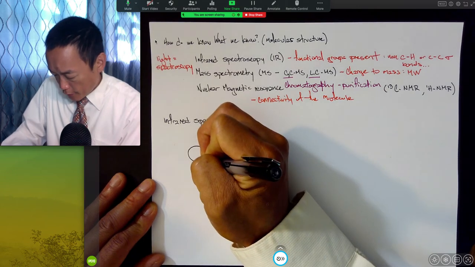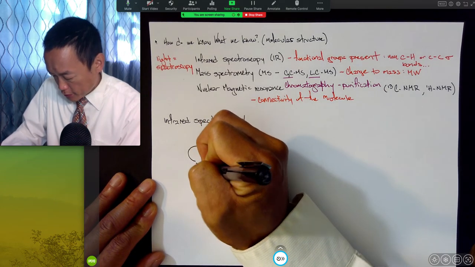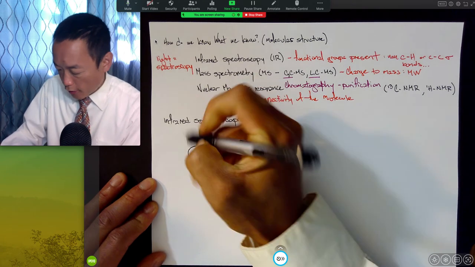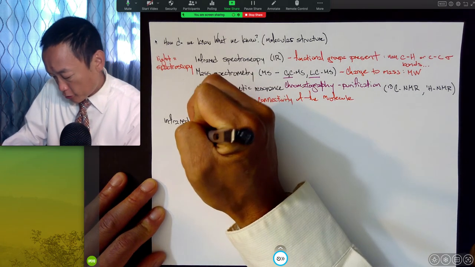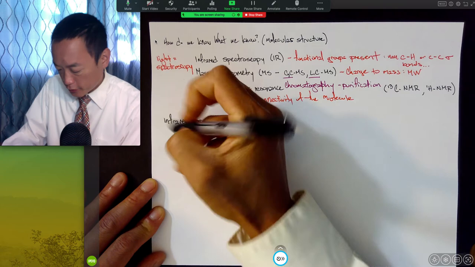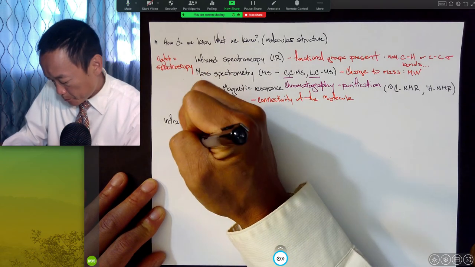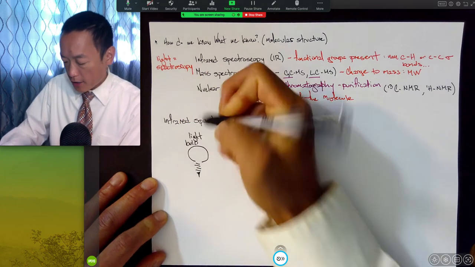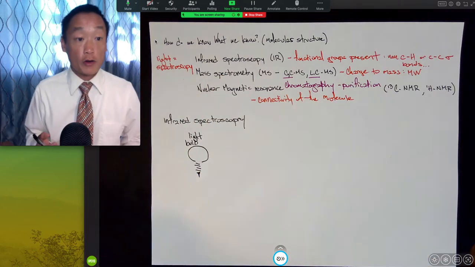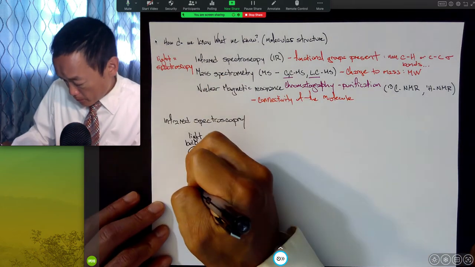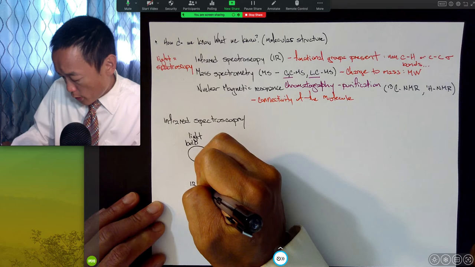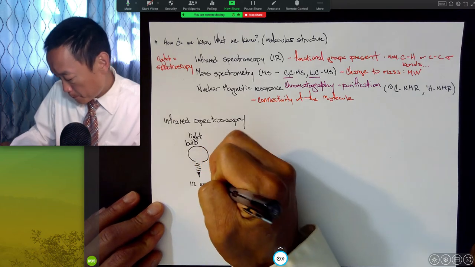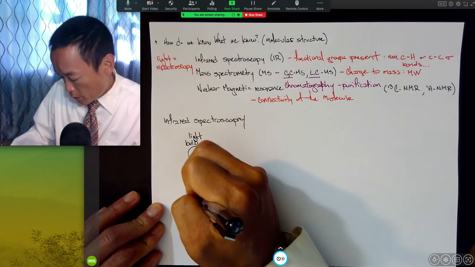I don't know if I can still draw light bulbs like this because people don't see them all that often. But this is your light source, not this old school incandescent type. That light bulb is going to generate IR wavelengths of light.